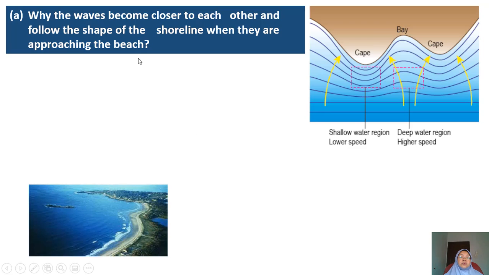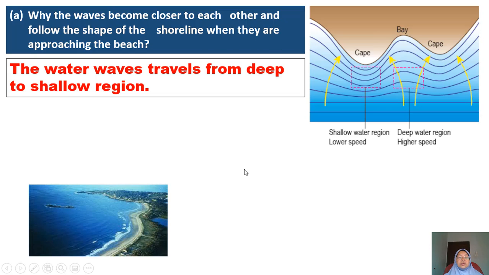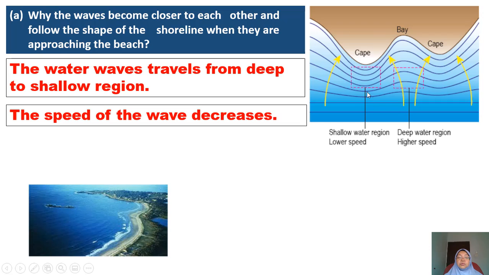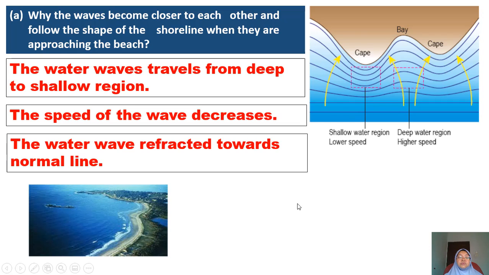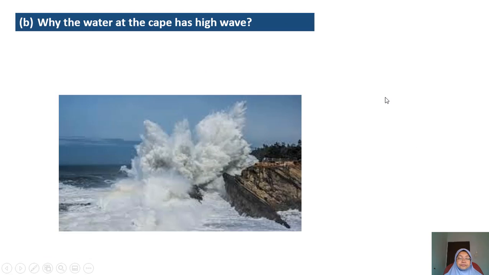Why do the waves become closer to each other and follow the shape of the shoreline when approaching the beach? First, the water wave travels from a deep to a shallow region. Second, the speed of the wave decreases, and the water wave is refracted towards the normal line. That's the reason why it follows the shape of the shoreline.